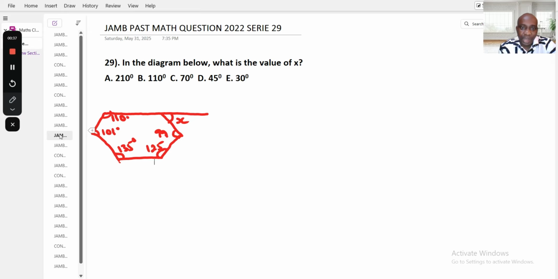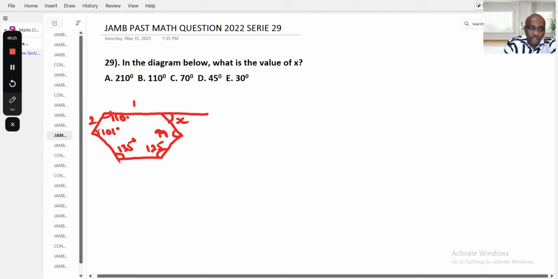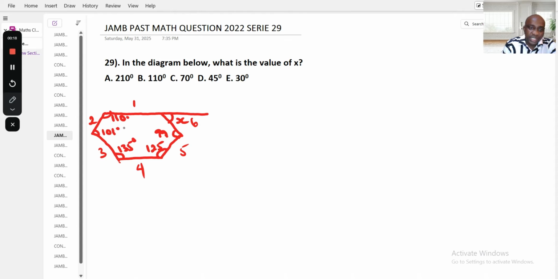In the diagram below, what is the value of x? If we look at this, it is a polygon. How many sides do we have here? This is 1, this is 2, this is 3, this is 4, this is 5, and this is 6. We have 6 sides here, a hexagon.